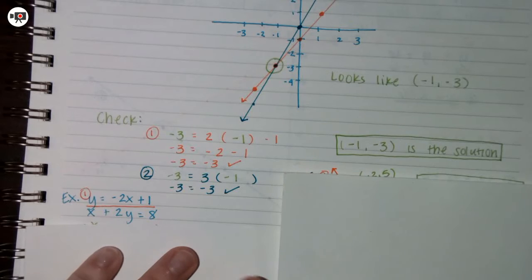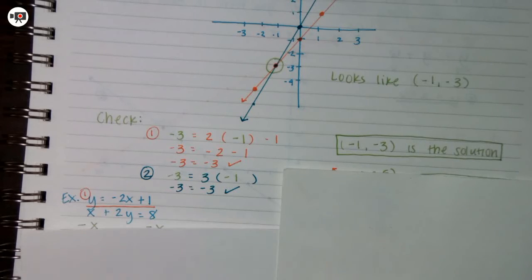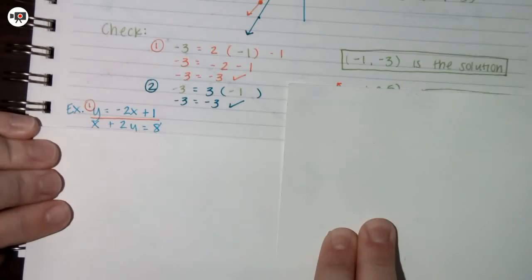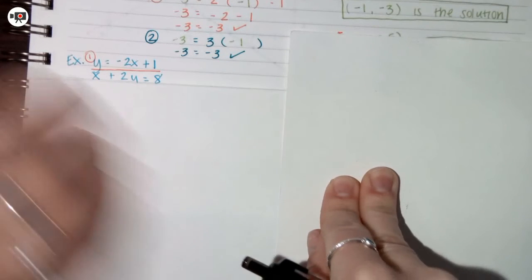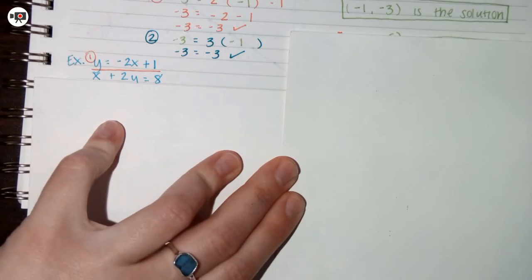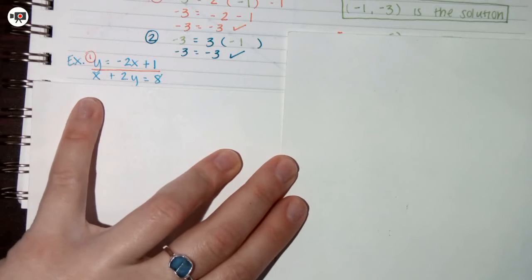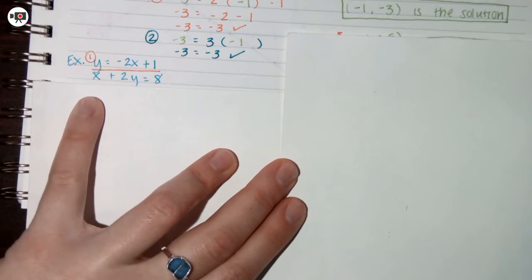Another example, if I have these two equations, y equals 2x plus 1, and x plus 2y equals 8. This one is a little different because not each equation is written in slope-intercept form. That means we have to take this second equation. It's written in standard form, which is x plus y equals a number.